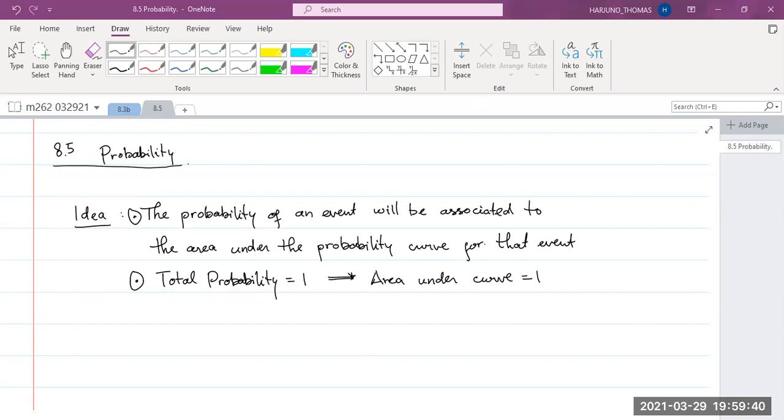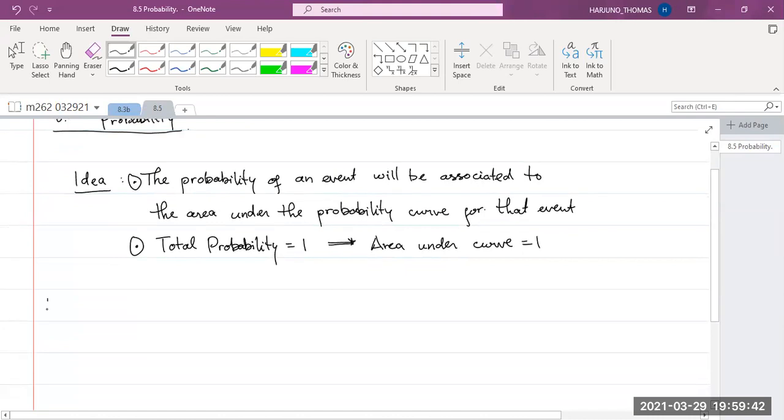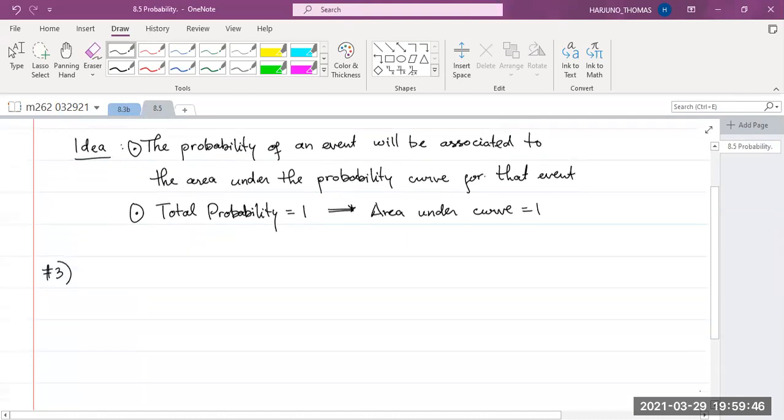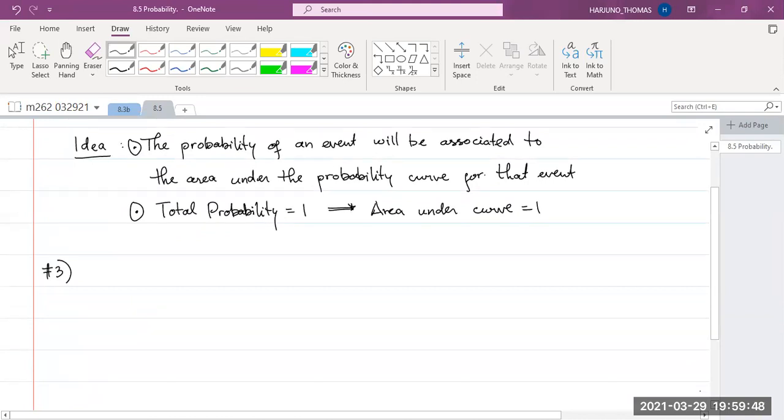Okay, now let's do number 3. They tell us let f(x) be 30x squared times (1 minus x) squared for x between 0 and 1, and equals 0 otherwise.